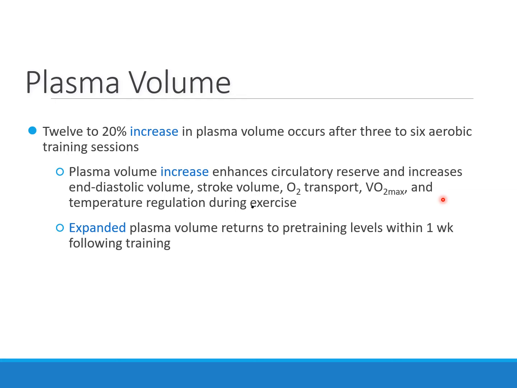Expanded plasma volume returns to pre-training levels within 1 week following training. So that extra bit of plasma that accumulates in your system allows you to be more efficient with your heart as well. So we can see there's a lot of physiological changes that occur with exercise training and aerobic training in particular.